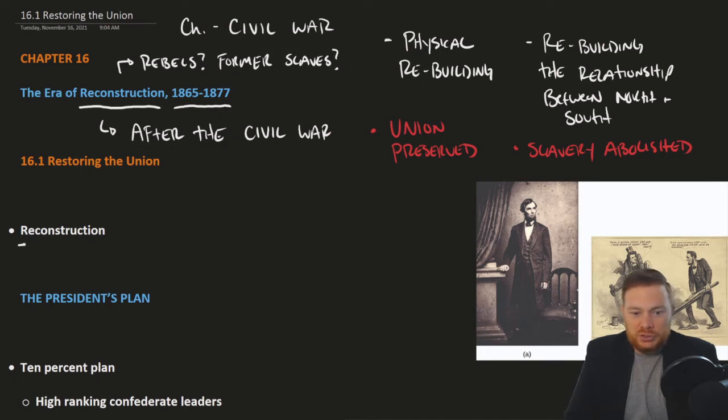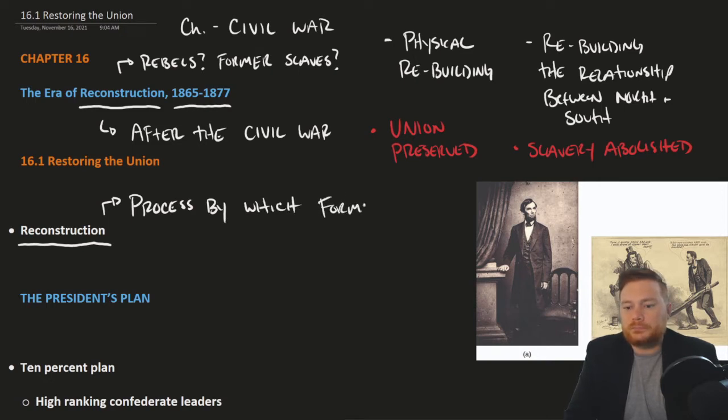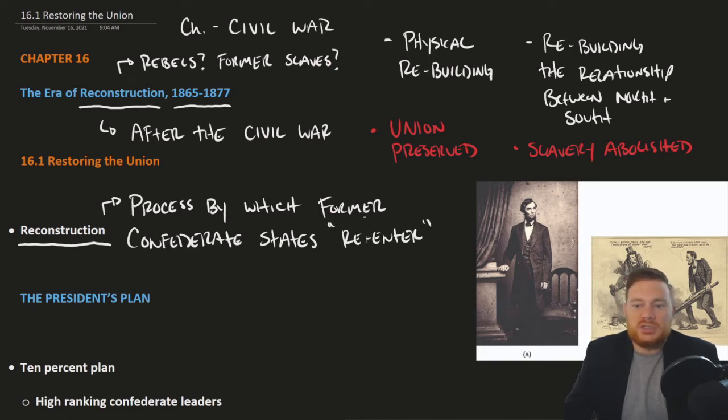So again, Reconstruction: the period after the Civil War. We might also add, the process by which former Confederate states re-enter, and I put re-enter in quotes here because according to Abraham Lincoln, those states never left.